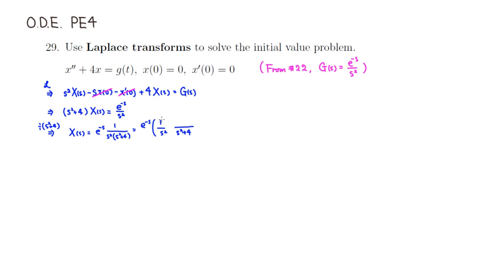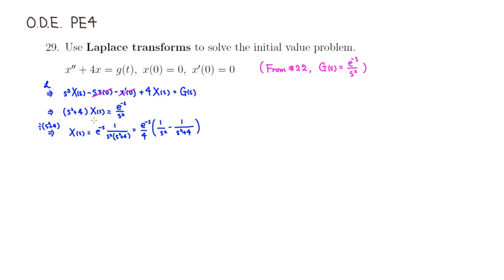If I do 1 minus like that, then you see that you have s squared plus 4 minus s squared, and you end up with 4. So I'm going to divide by 4. You can double check, but this is going to be the partial fraction decomposition for this given function.